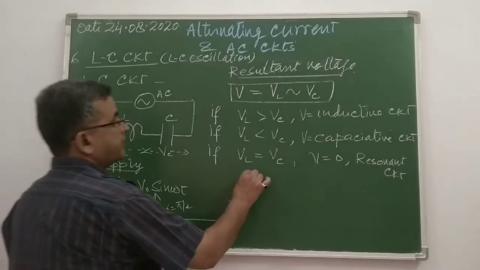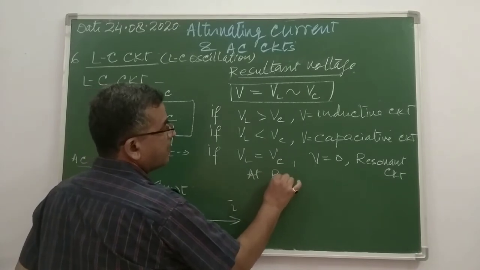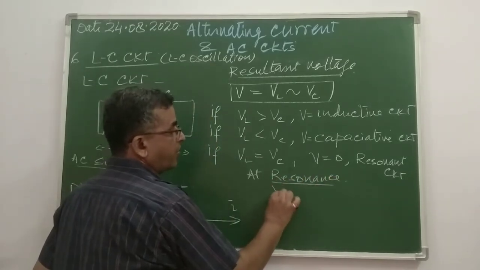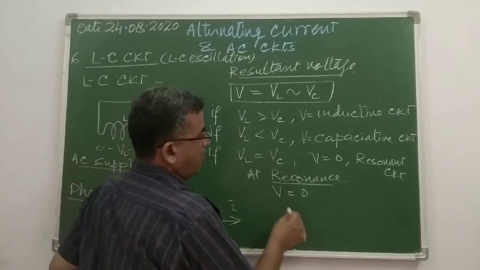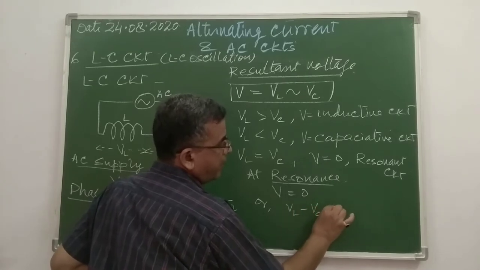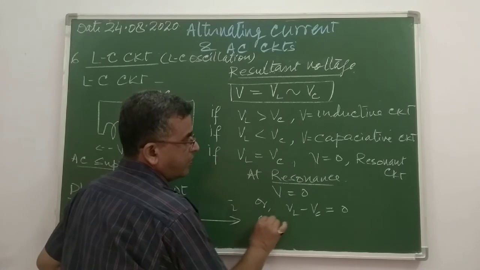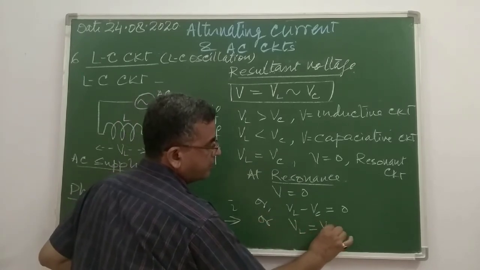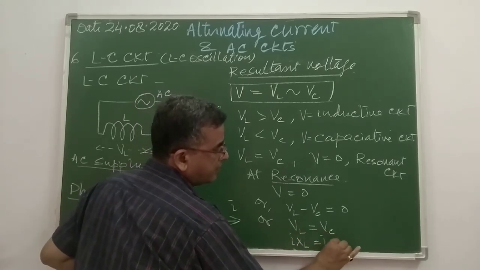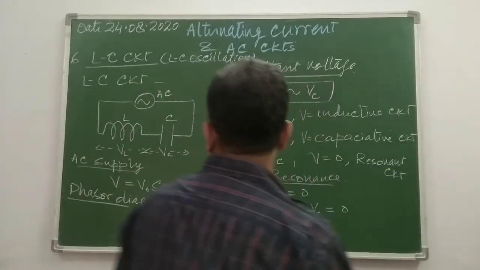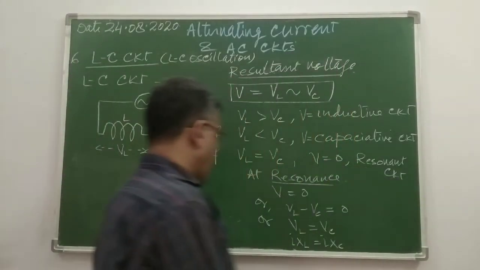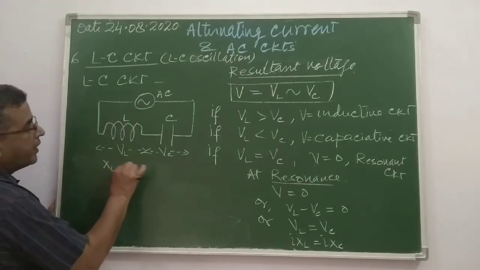At resonance, the resultant voltage is 0, or we can say VL minus VC equal to 0, or VL equal to VC, or it is I XL equal to I XC, or we can write XL equal to XC.